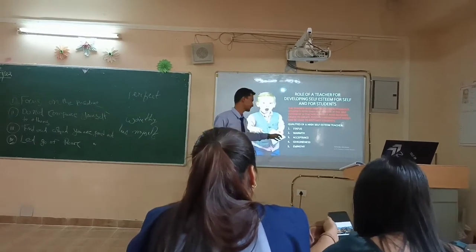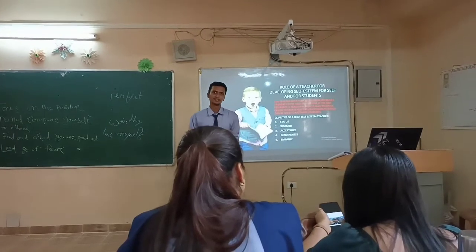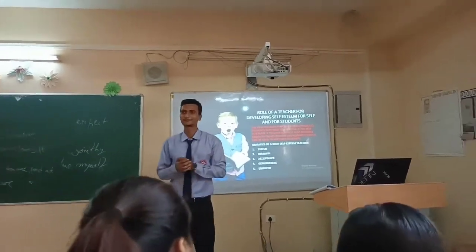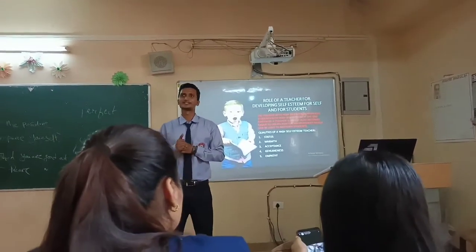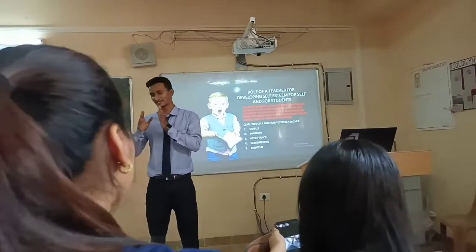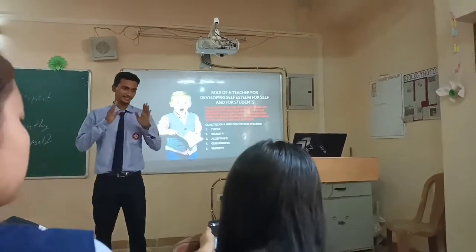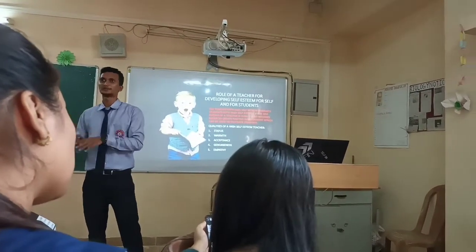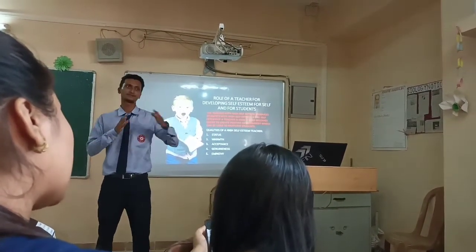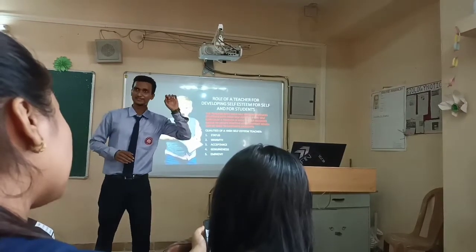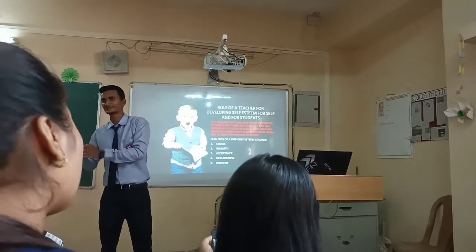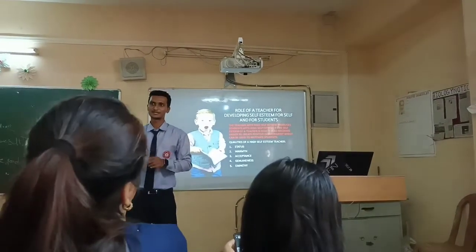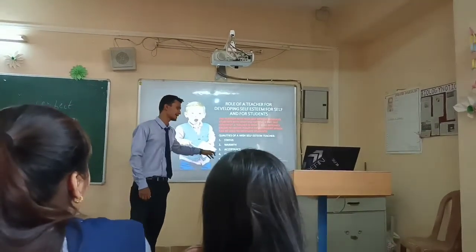And my fourth point is genuineness. As for genuineness, we should be genuine in our decisions. Like if something is wrong, we should say it is wrong. We should not support students partially, like for this student I'll do this, for that student I'll do that. So genuineness. And for the last part, empathy.